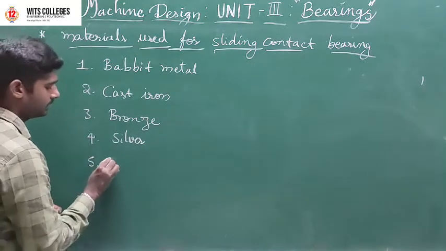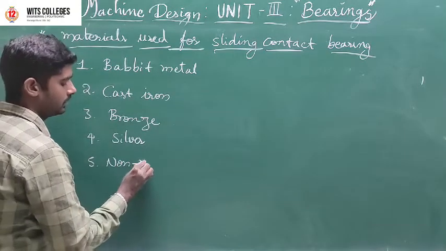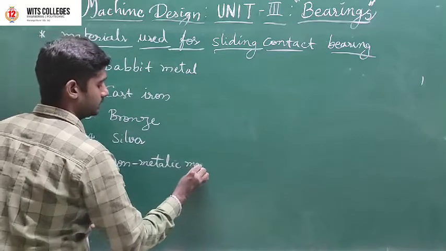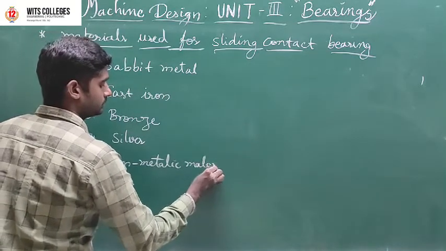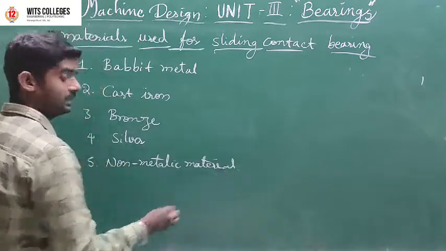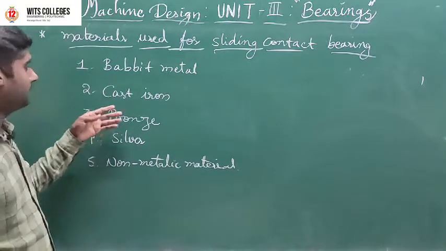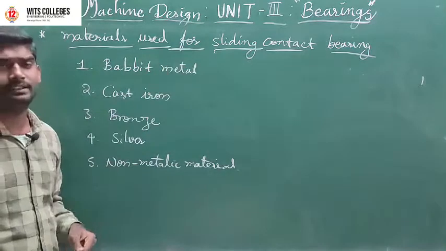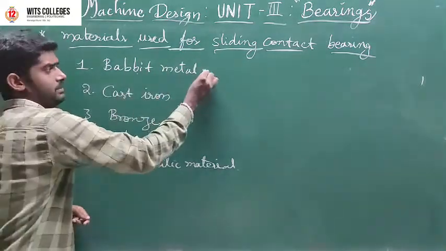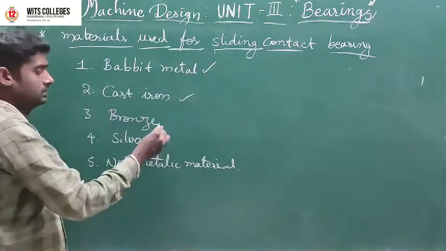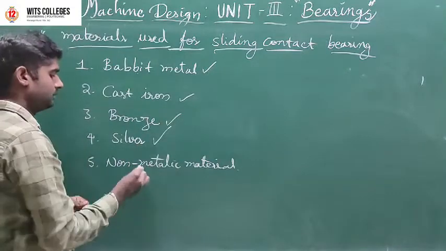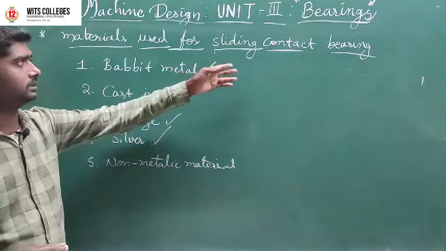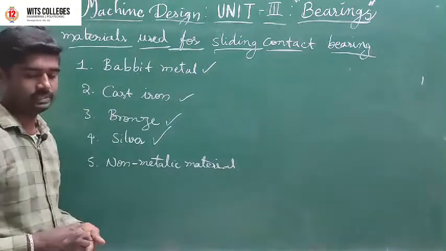Fifth one, non-metallic materials. See here, there are 5 materials we are using for sliding contact bearings: Babbitt metal, cast iron, bronze, silver, and non-metallic materials. These are all used for sliding contact bearings.